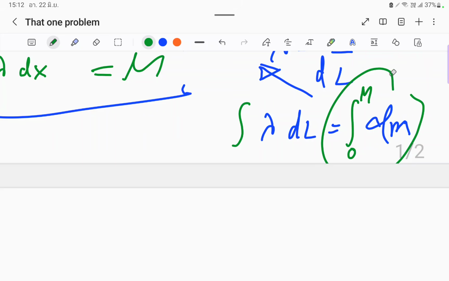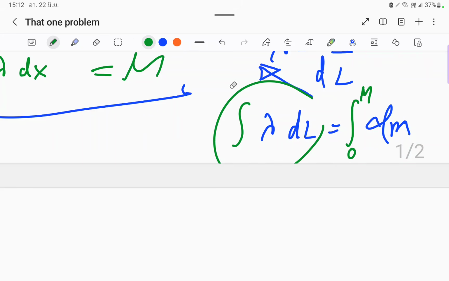You don't know any of this, but you know this part, and you want to integrate over L, which is just another fancy term for x.